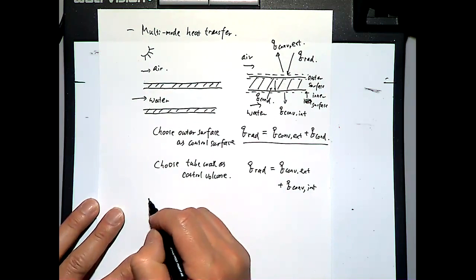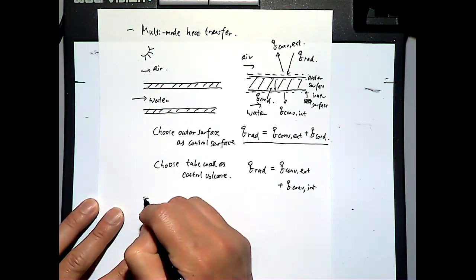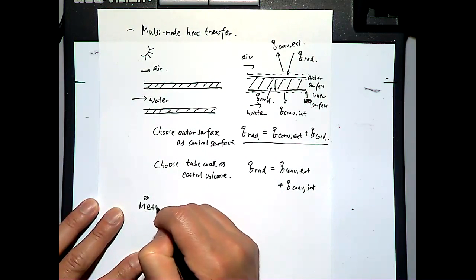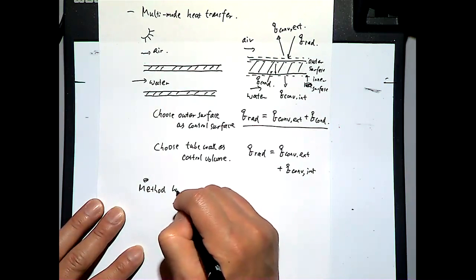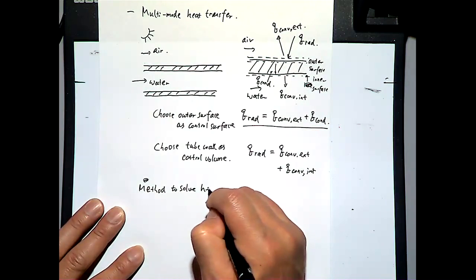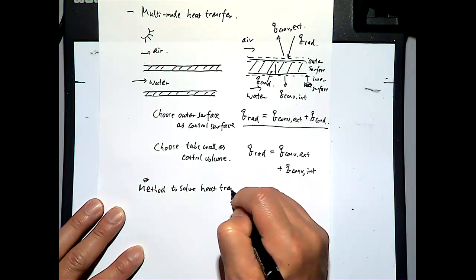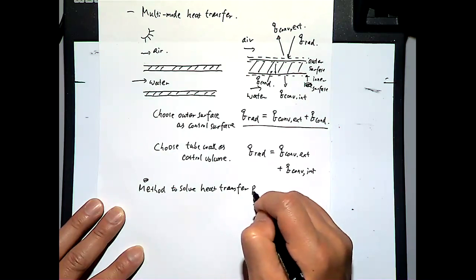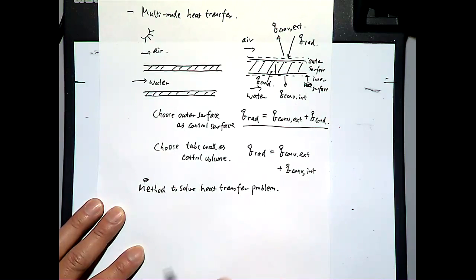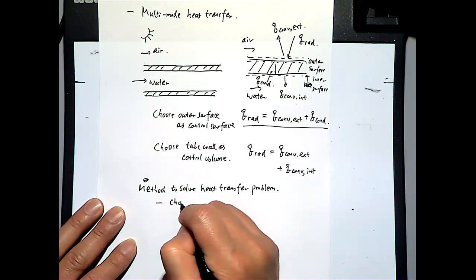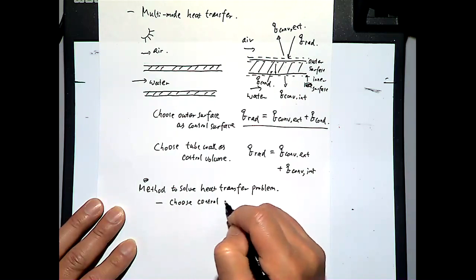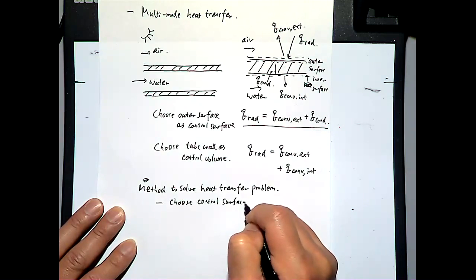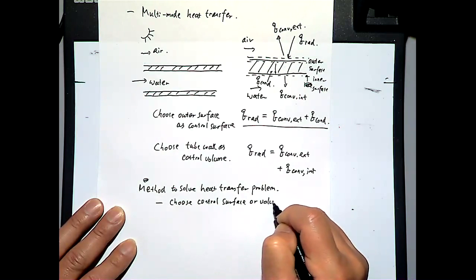Maybe I'll just write it. So the method: the very first step is to choose the control surface or volume.